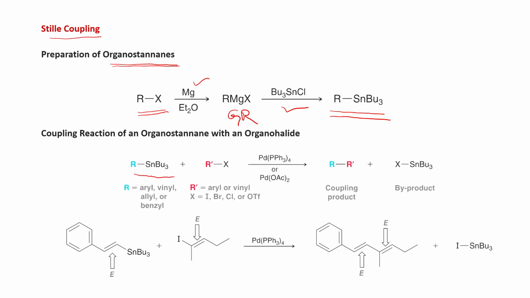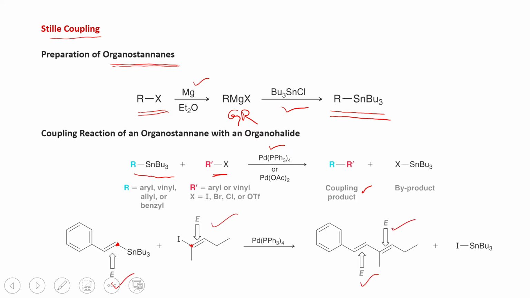When you react the organostannane with an organohalide in the presence of a palladium catalyst, you will get your C-C bond formation coupling product. Here you can see this carbon of the organostannane is reacting with this carbon of the organoelectrophile. Again there will be retention of configuration.